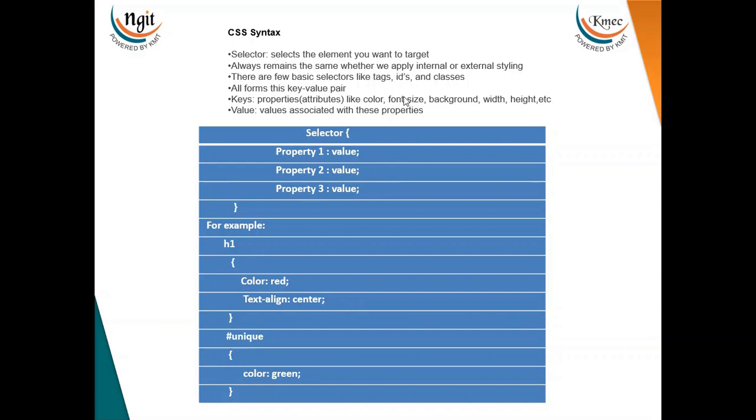There are a few basic selectors: we can select tags, we can select IDs of the elements, and we can select the classes of the elements. All forms are in key value pairs. Here, property 1 is the key and it has its value. Keys are those properties or attributes like color, font size, background, width, height.